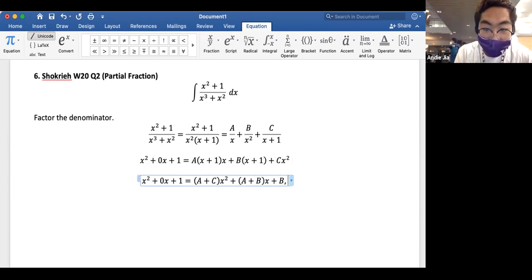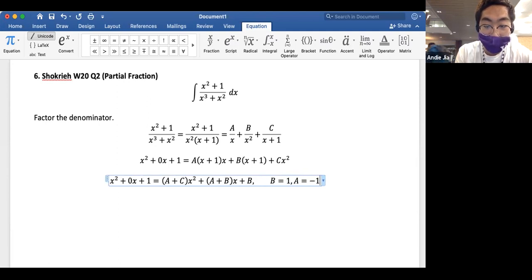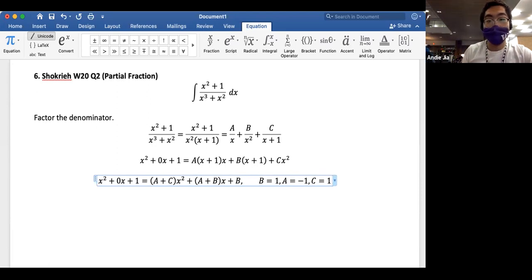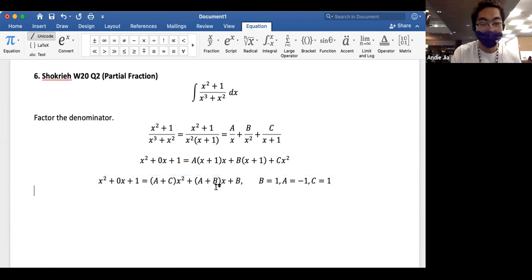So a is -1, c is 1. Please let me know if I make any mistake, or if I'm doing good. Sounds great.